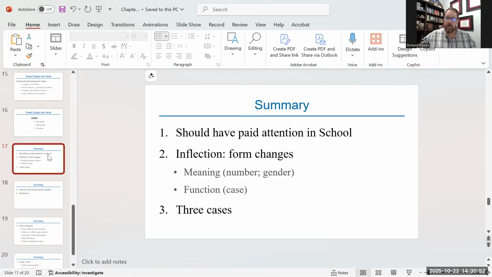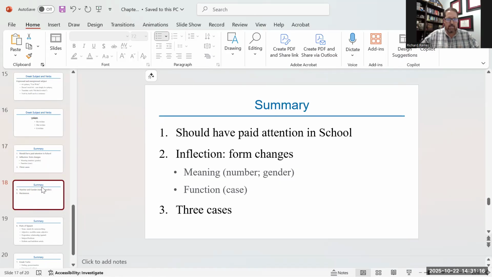All right, let's summarize this lecture. I should have paid attention in school because when I took this in Greek, I'd forgotten all of this. Inflection is just a term we use to say that the form of the noun changes based on various criteria: the function, the meaning, the number, the gender, the case, right?